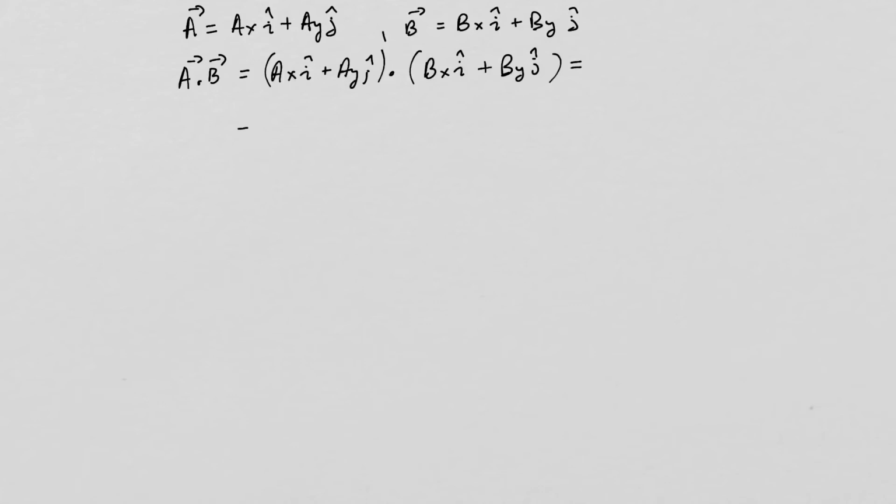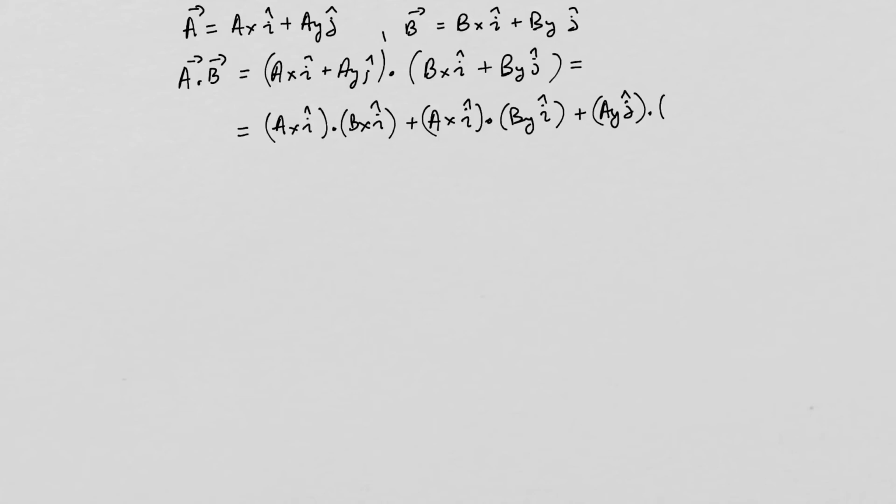So then this becomes AX i hat dot BX i hat plus AX i hat dot BY j hat plus AY j hat dot BX i hat plus AY j hat dot BY j hat.